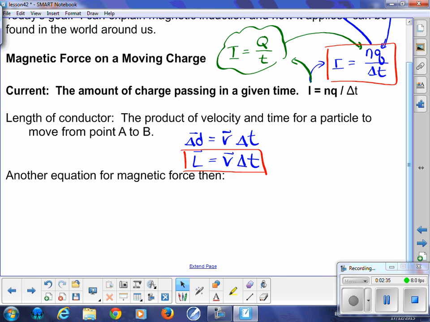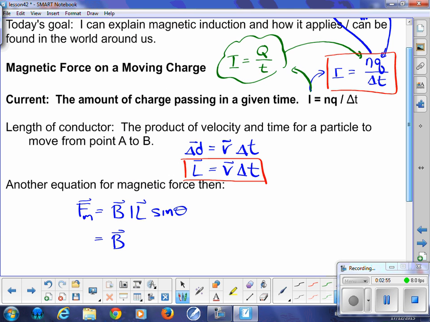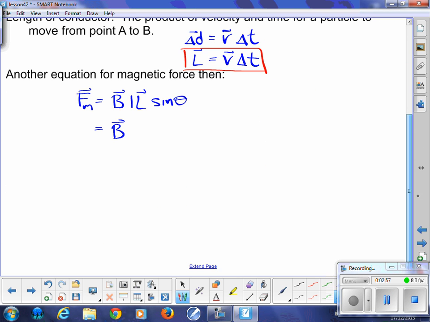And from that, what can we develop then? Well, I know magnetic force from yesterday's lesson was B I L sine theta. I'm going to maintain my magnetic field strength variable, and rewrite the equation using the form I have up here from the grade 11 course.